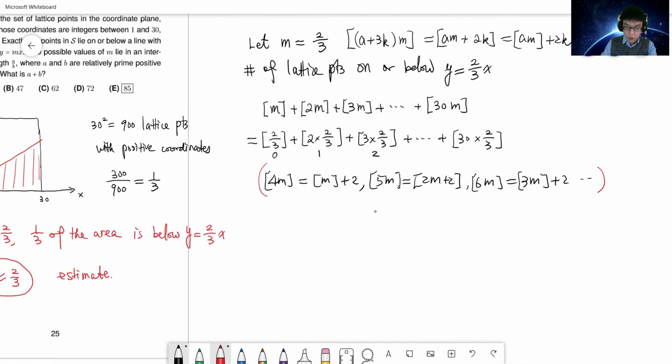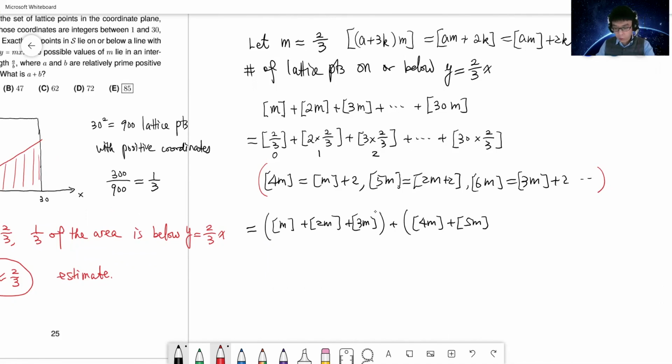So we'll group this into several groups. Each group has 3 terms. So it's 1m, 2m, 3m. This is the first group. The next group is 4m, 5m, 6m.